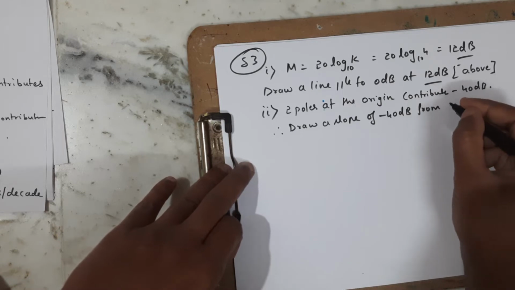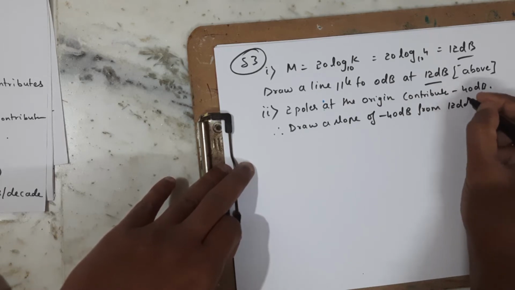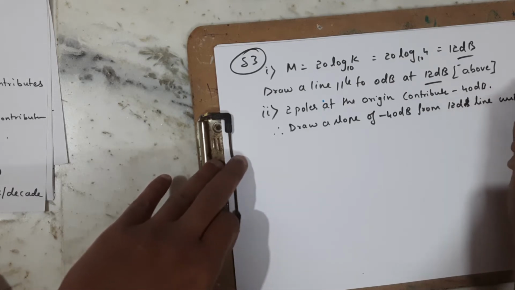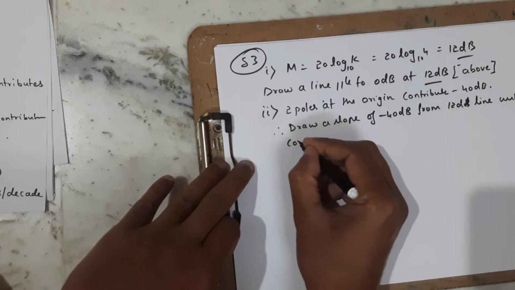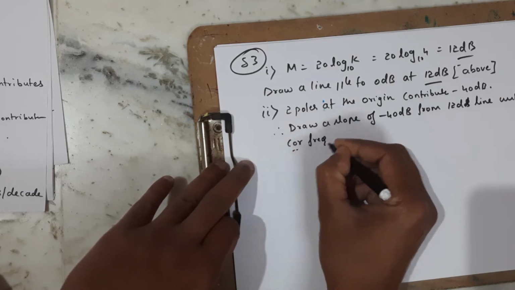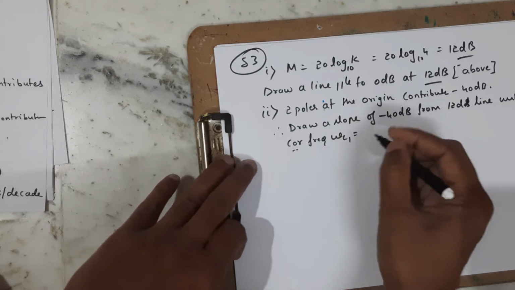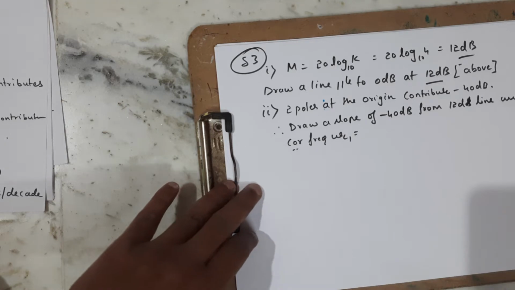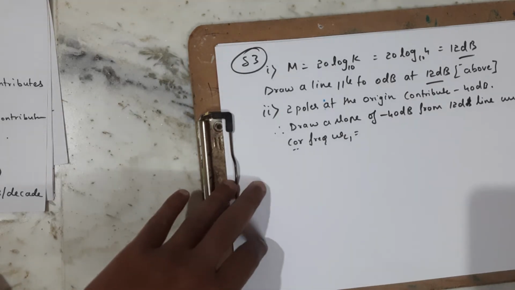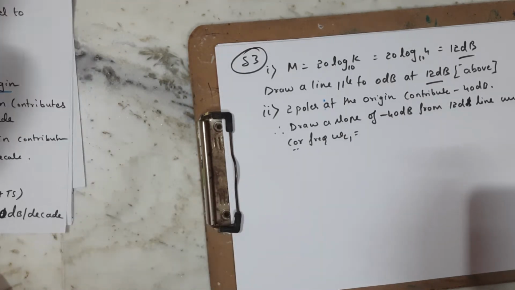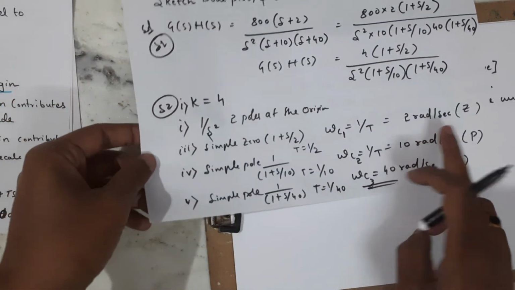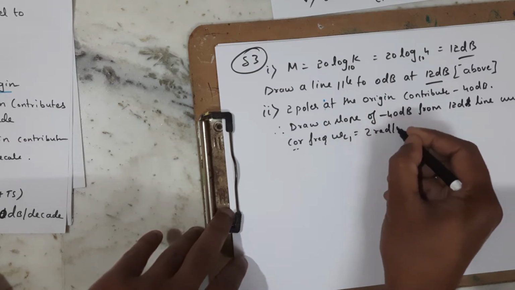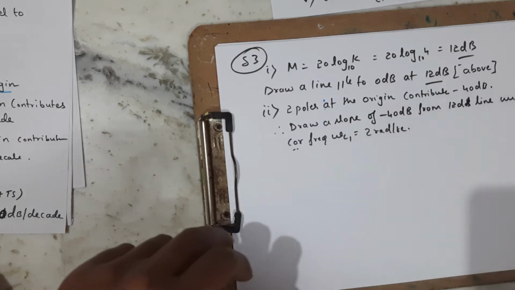From the 12 dB line until corner frequency 1, that is omega c1. What is corner frequency 1? We found omega c1 is equal to 2 radians per second. So how to represent this in a magnitude plot?